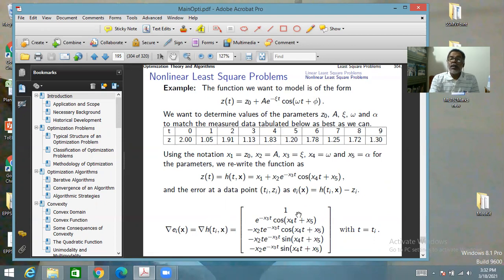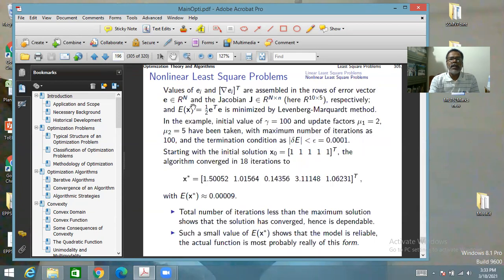Now, if you have such t equal to t1, t2, t3, t4, capital N of them, in this case 10 of them, and then each of the corresponding gradient values, you take the transpose and put as a row, then the assembly gives you the Jacobian of the vector function E with respect to x.